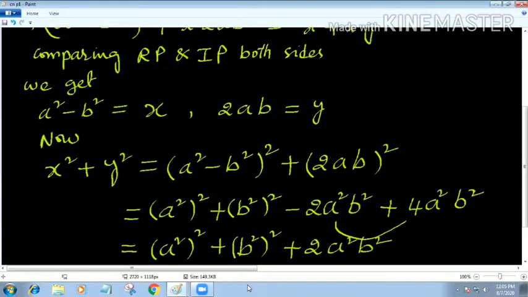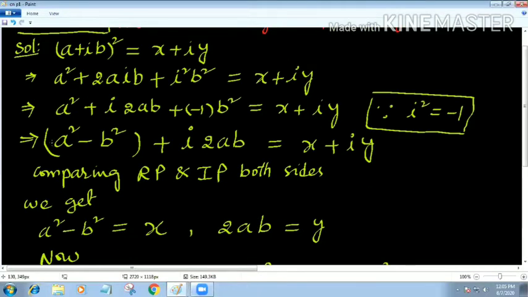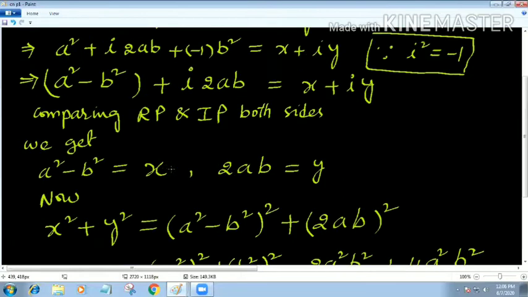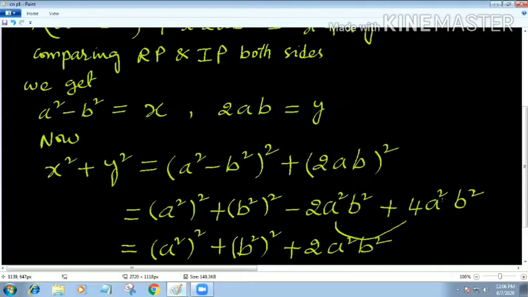Now let us look at this. Here (a plus ib) whole square is equal to x plus iy. So expanding the left side by using the (a plus b) whole square formula, separating real and imaginary parts and comparing real part and imaginary part on both sides, we get x value a square minus b square and y value 2ab.